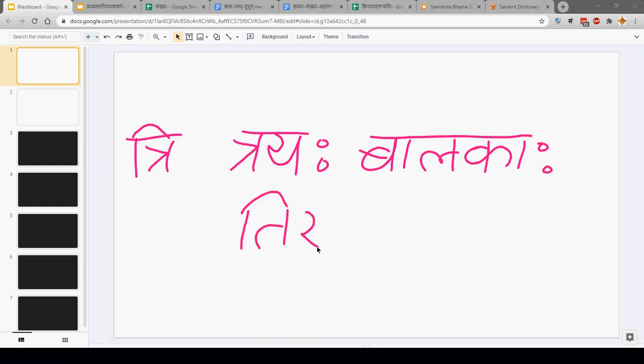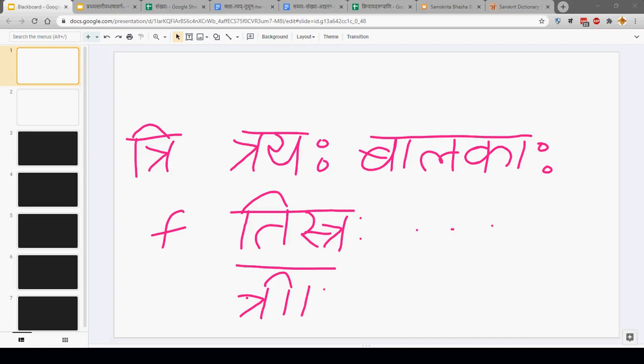Then we have tisraha, the feminine form, tisraha balikaha. And the neuter form, Napunsakalingam, is trini, trini phalani. Trayaha balakaha gachanti, tisraha balikaha gachanti, trini phalani patanti.